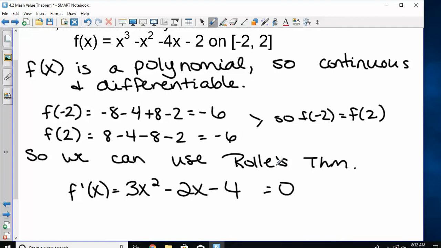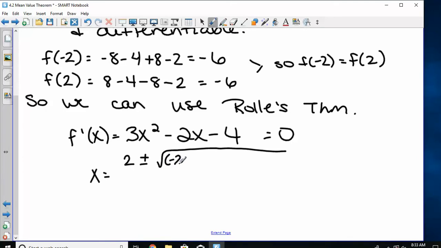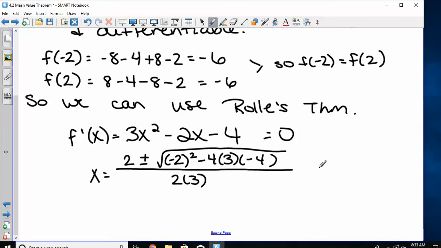We could try the box method. Is there anything that multiplies to -12 and adds to -2? No. So if the box method doesn't work, what do we do? Quadratic formula. So opposite of b, +2, plus and minus the square root of b squared minus 4ac, all over 2a.